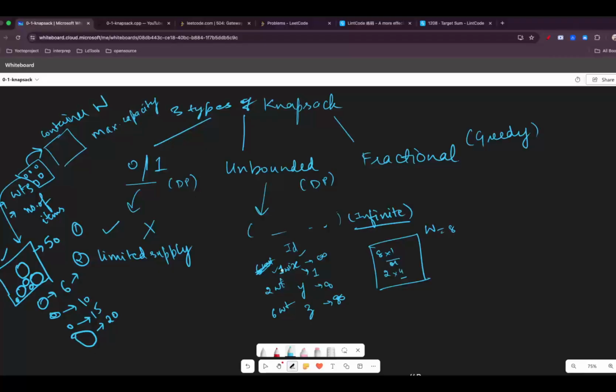So that is the only difference between limited supply and infinite supply. Else things will be almost similar, and accordingly the code will change because of this limited supply and infinite supply. Else things are somewhat similar for both. So I hope you are clear.